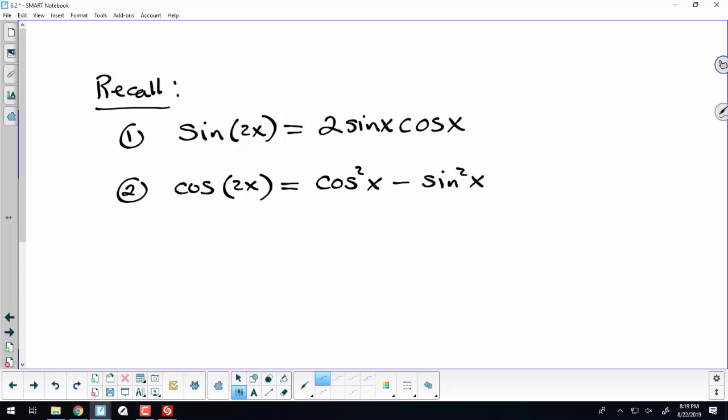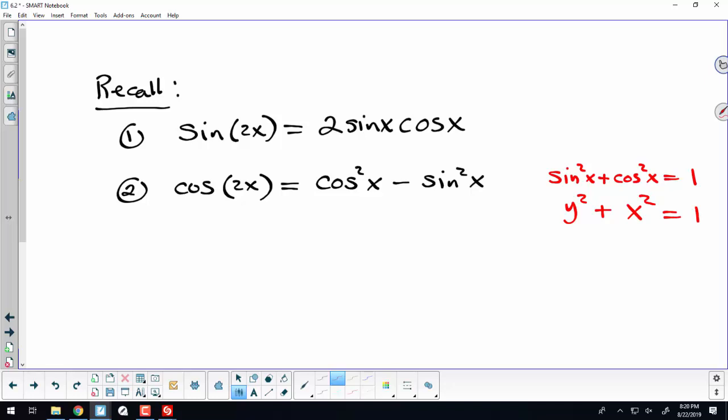Do y'all remember the Pythagorean identities? The other two come from the Pythagorean identity: sine squared plus cosine squared is equal to 1. And that's just the unit circle equation, right? Because the sine was the y coordinate, the cosine was the x coordinate, and there we have the equation for our unit circle.